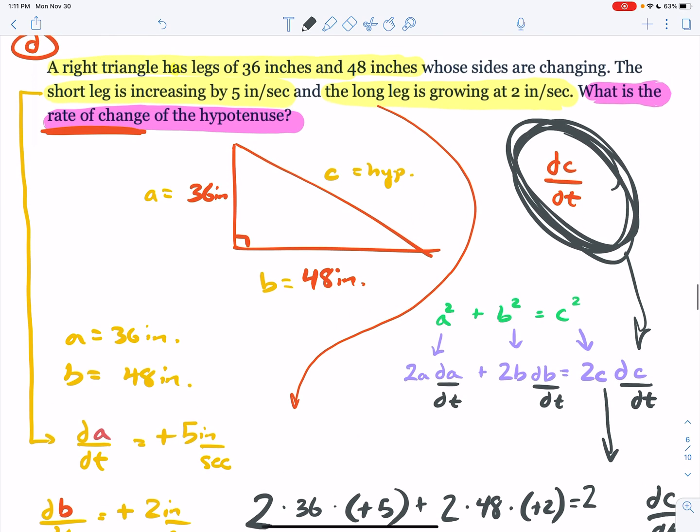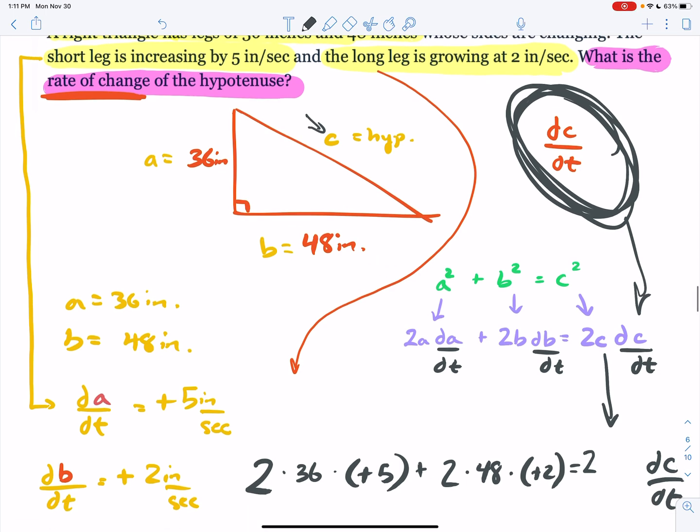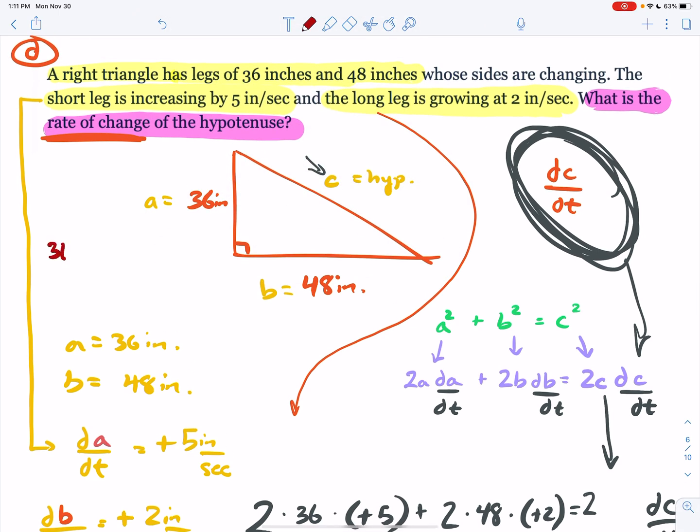Remember that this is a right triangle, and we can find c given our two sides. Sidebar here: we know that 36 squared plus 48 squared will equal c squared. So I'm going to have you pause here. Press play when you figure out what c is.